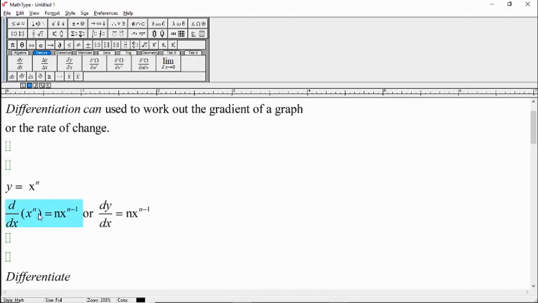But typically in exams, and when you're working with differentiation, you write it like this: dy by dx, because you're going to be asked questions where it might just say find dy by dx of x squared. So you're not going to write d over dx and then put in what y is equal to, you're just going to write dy over dx and differentiate it like that. So let's move on to the first question.